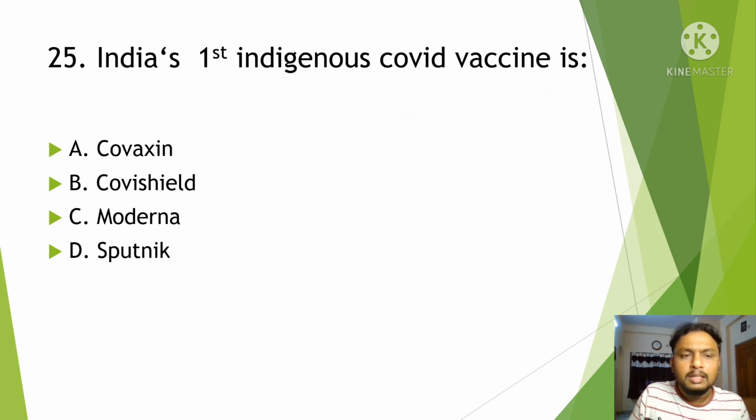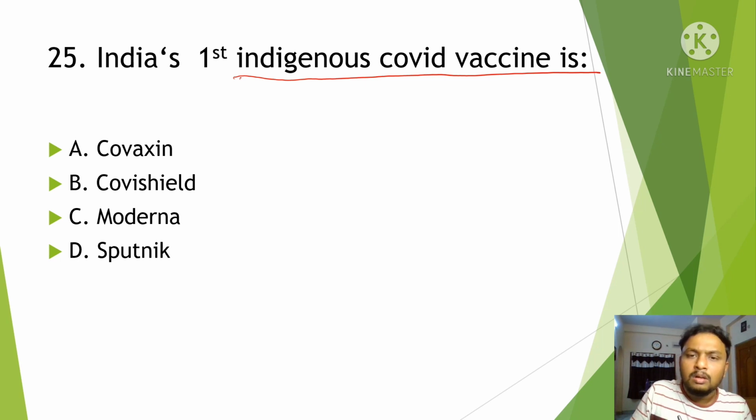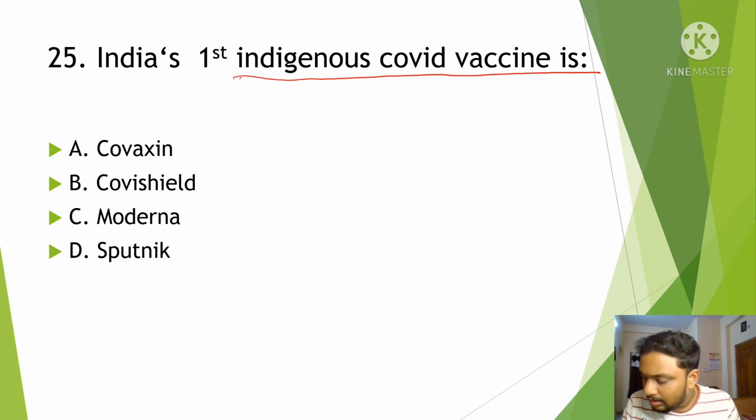And next question, India's first indigenous COVID vaccine. I am asking all COVID related questions. These are the current trends. Options: Covaxin, Covishield, Moderna, and Sputnik. India's first indigenous vaccine. Write your answer in the comment box.